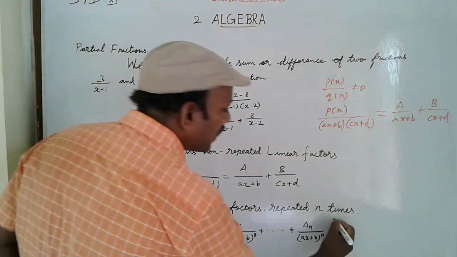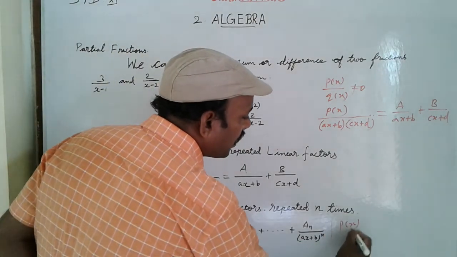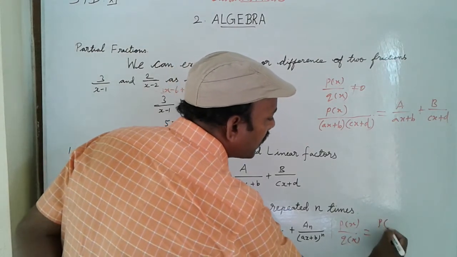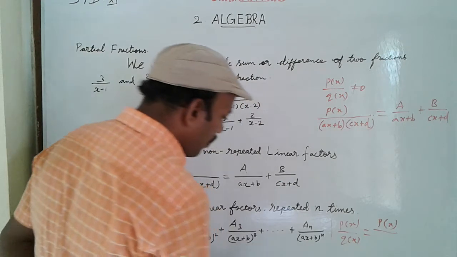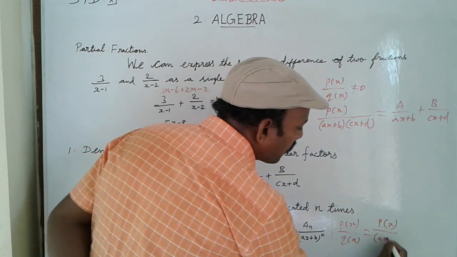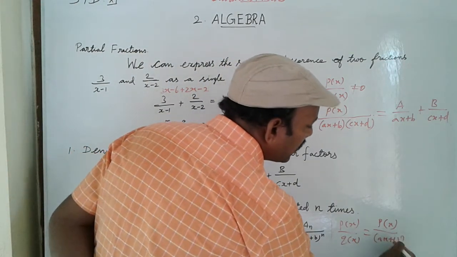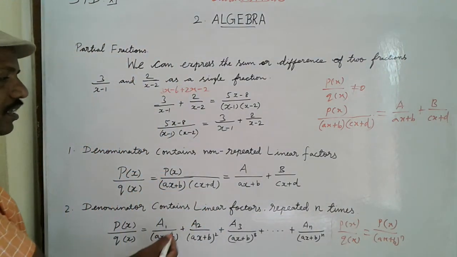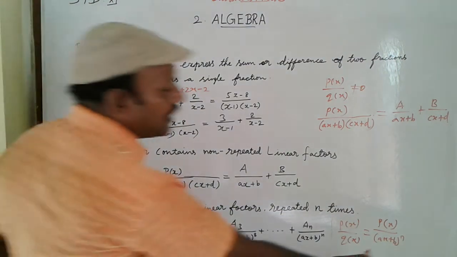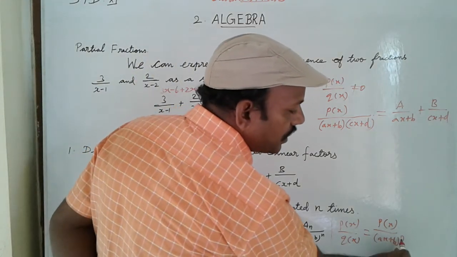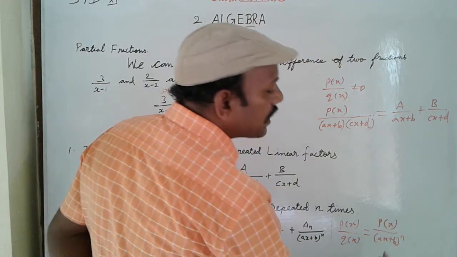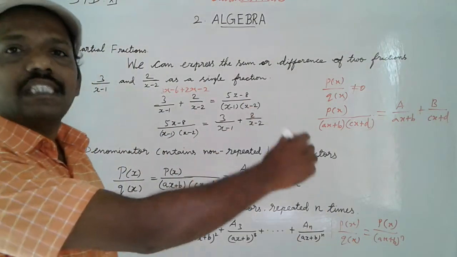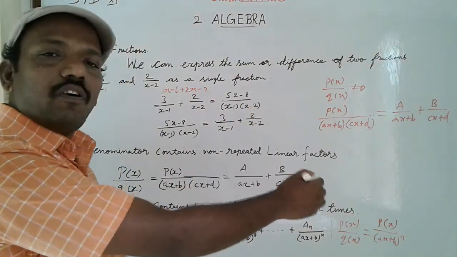That means p of x divided by q of x equals p of x divided by (ax + b) whole power n. Repeated n times means the factors (ax + b) into (ax + b) into (ax + b), n times, which gives (ax + b) whole power n.